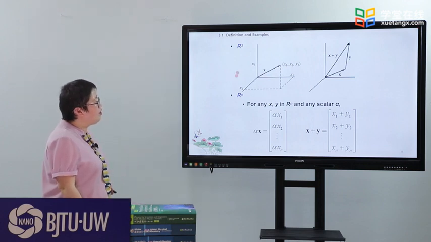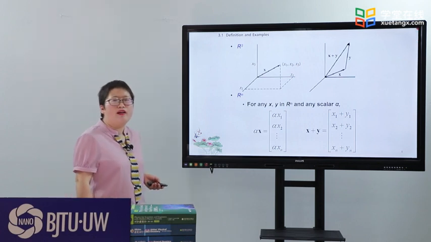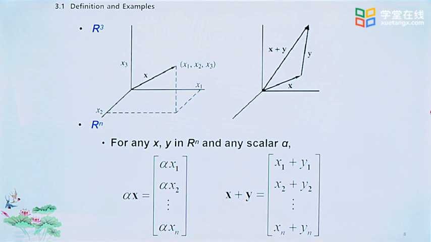And of course, for general n-dimensional vector space, for any x, y in Rn and any scalar alpha, you can compute alpha times x, the scalar multiplication, which equals this new vector. Each component is alpha times xi respectively, from alpha times x1, alpha times x2 till alpha times xn.